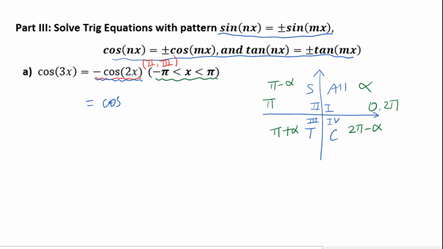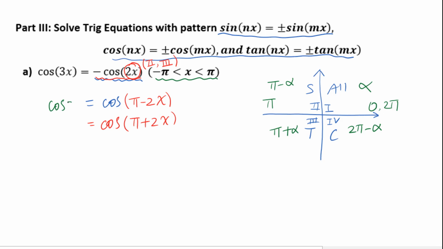We will assume this alpha equals 2x. So we can write down cosine pi minus 2x, or we will have cosine pi plus 2x. In this way, we got two equations.